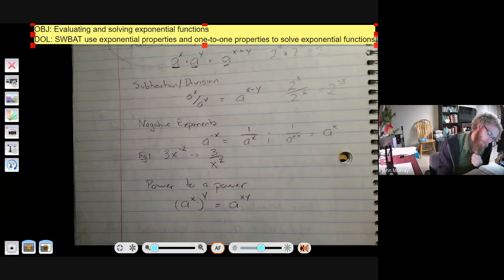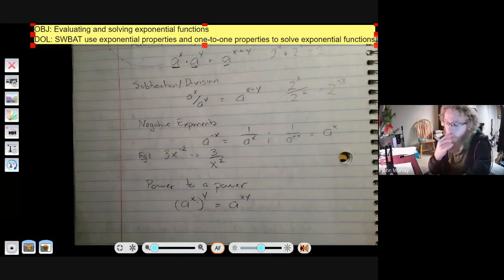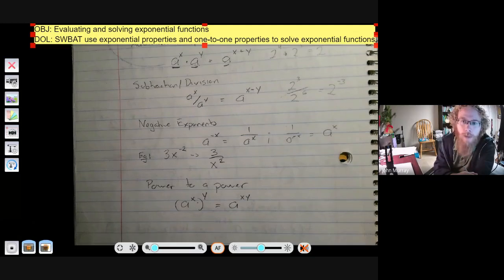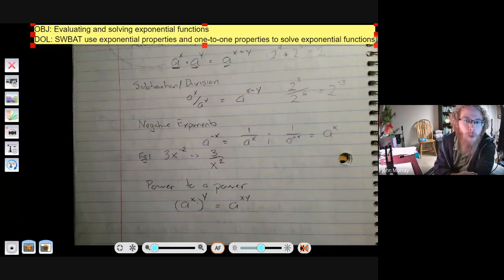I think those are all my properties. Any concerns about that? Most of these you should have learned in Algebra 1 or Algebra 2, so it may have been a while since you've seen it, but they should be familiar to you.